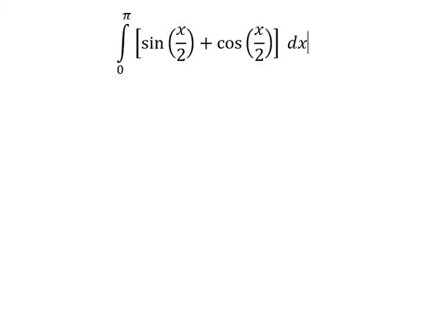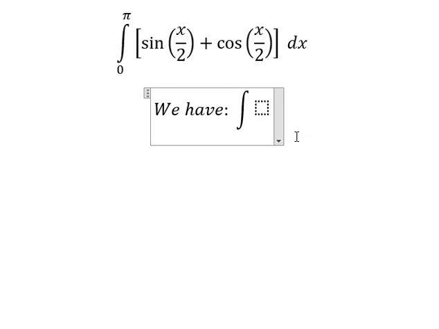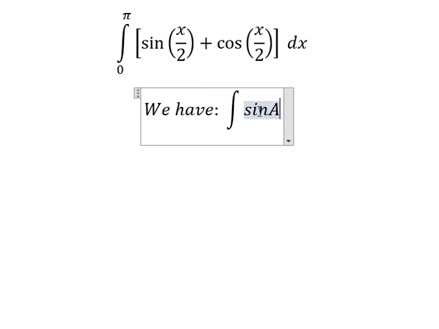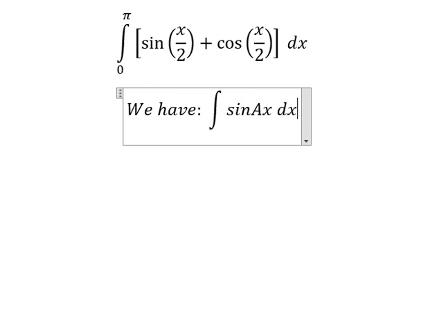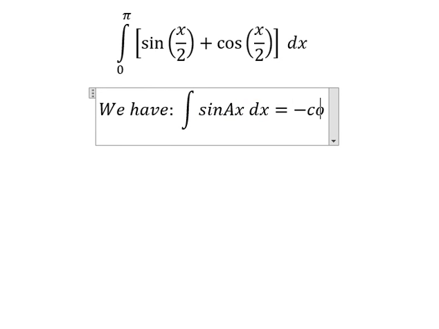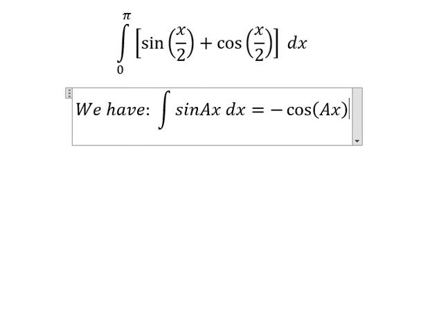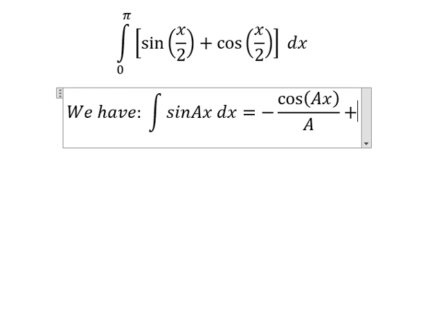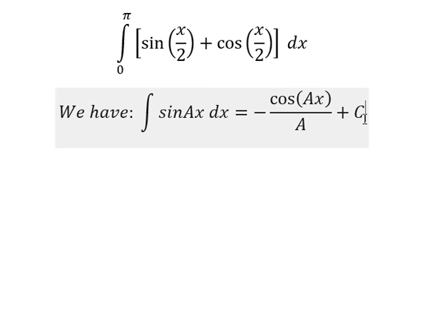Next, we have the formula in here. The integration of sine ax dx, we have negative cosine of ax over a, and I will put c.